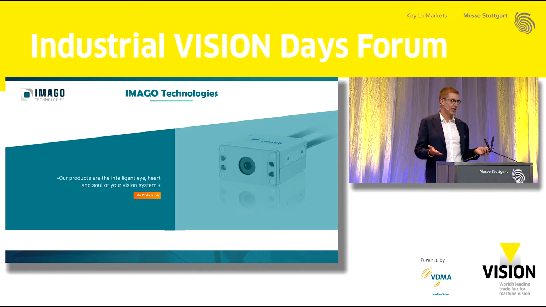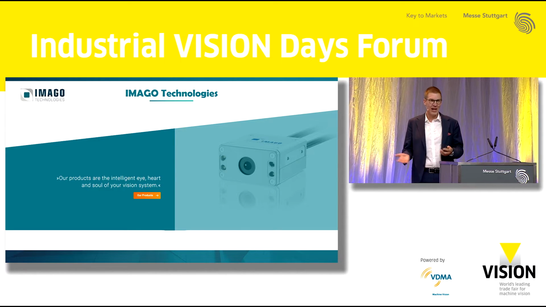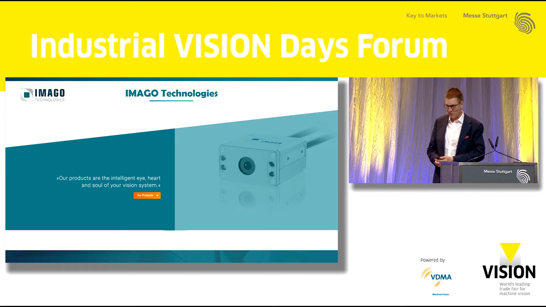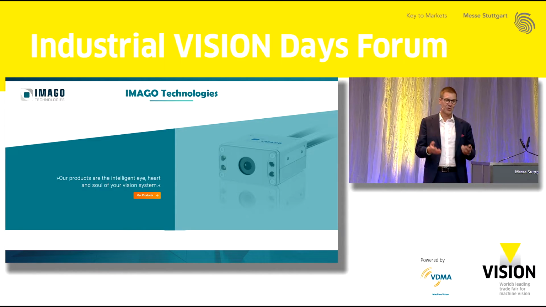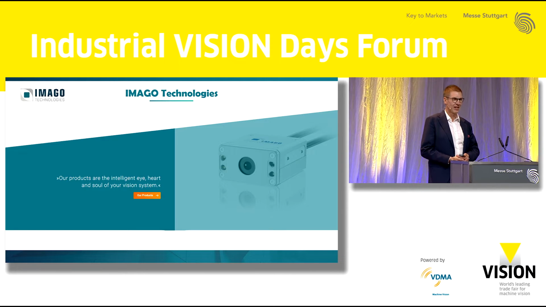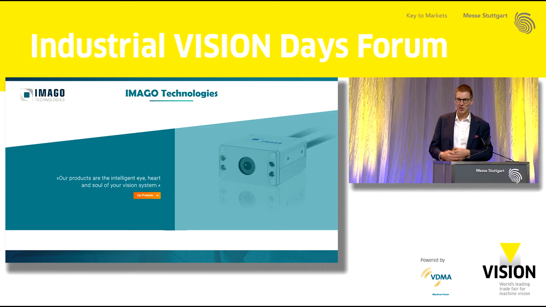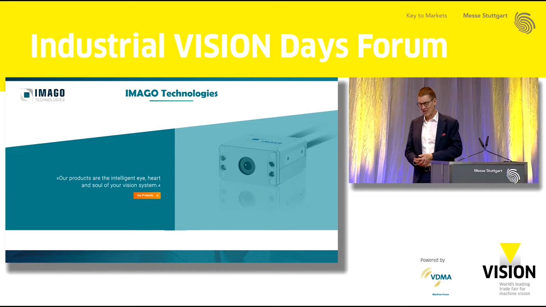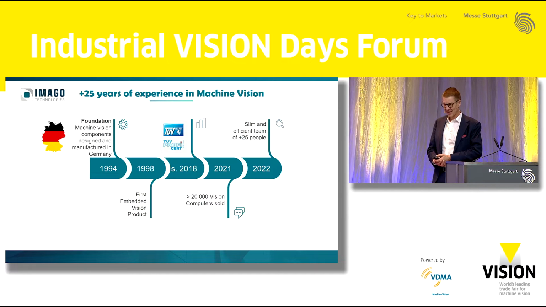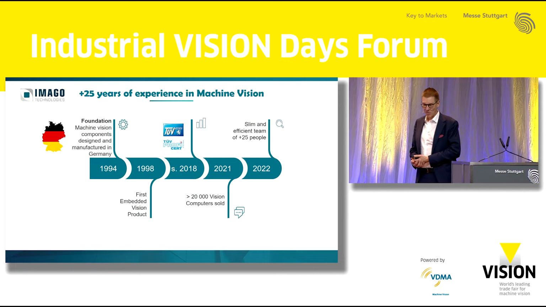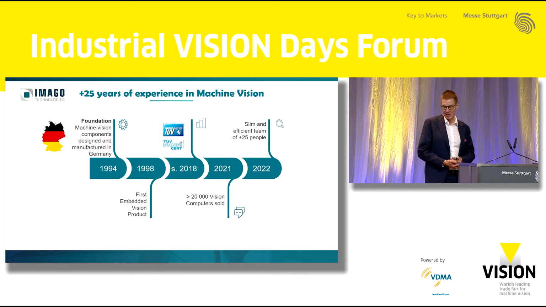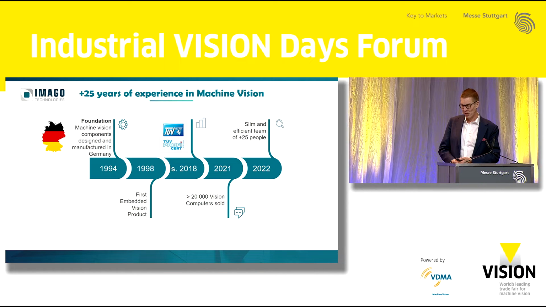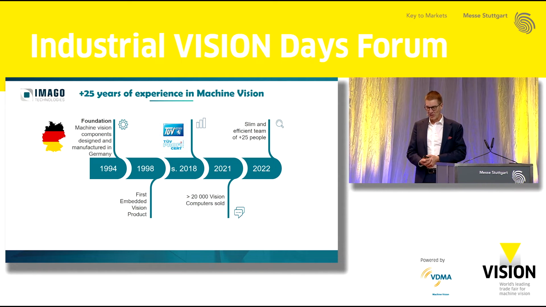Your software needs to run on a specific piece of hardware. So our intention is to provide the best hardware solution for your machine, for your device. The company was founded by myself in 1994, a former company.